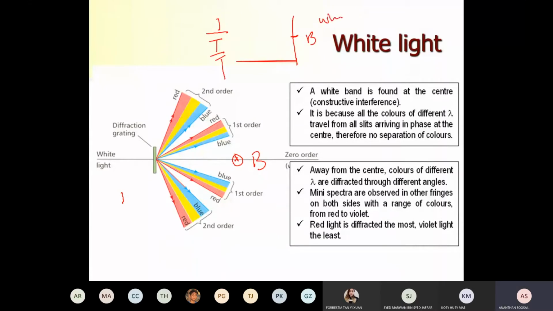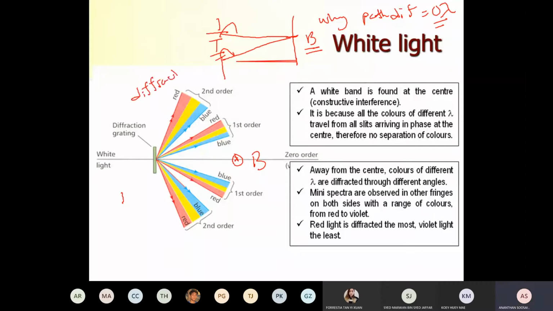Why? What is the reason you learned? Because the path difference is 0 lambda. As long as this is a crest, the path difference is 0, so the center is definitely going to be bright. Same thing for diffraction grating.